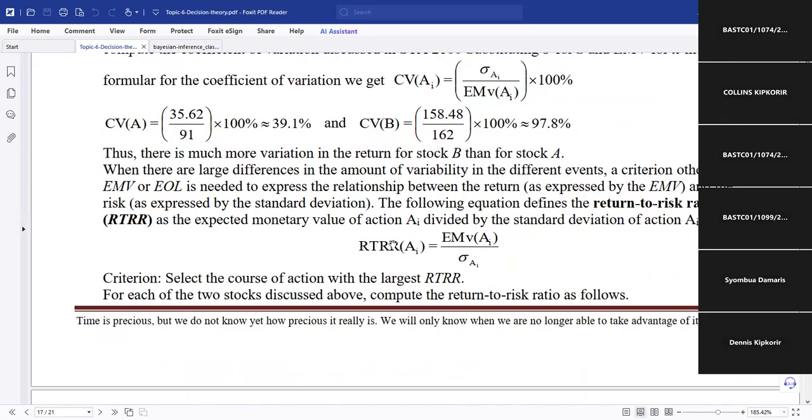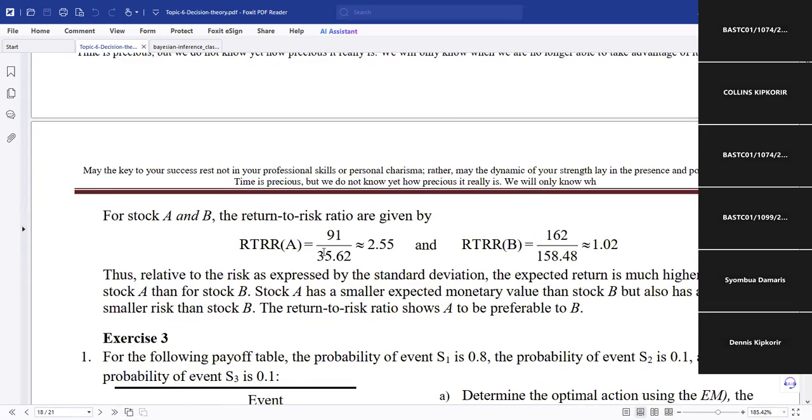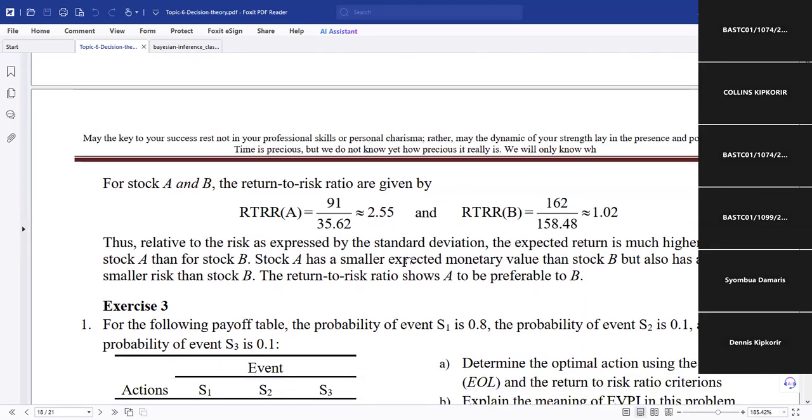And based on the return to risk ratios, you can see that we are opting for alternative A, which is giving us a higher value of the return to risk ratio, meaning that from alternative A we could expect more returns, or the risk that we take by investing in alternative A is low as compared to alternative B. So therefore, based on the return to risk ratio, alternative A is more preferred as compared to alternative B.